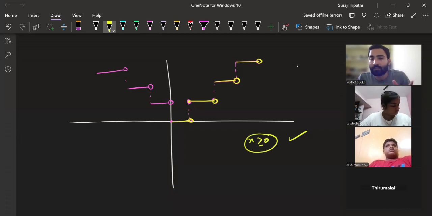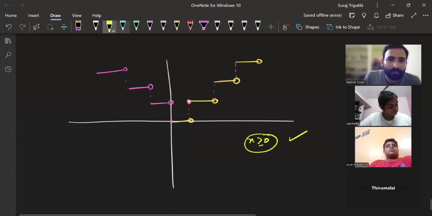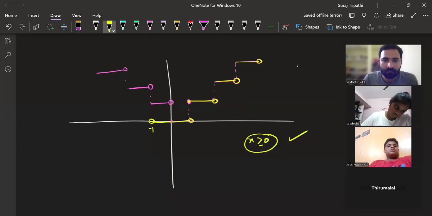Now for the left hand side also we have to check what the solution is. I'm using a different pen. This was the graph. Here the last portion, that is -1, is not included in the yellow line. So for -1 it will start from here, a filled circle to an open circle.